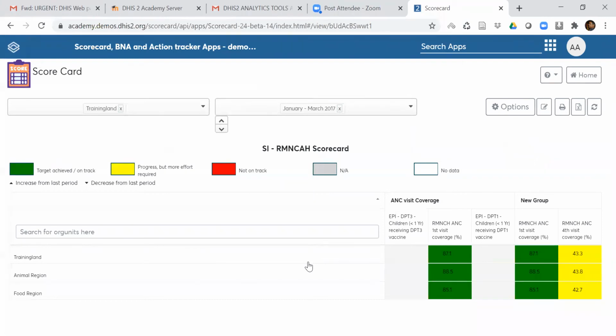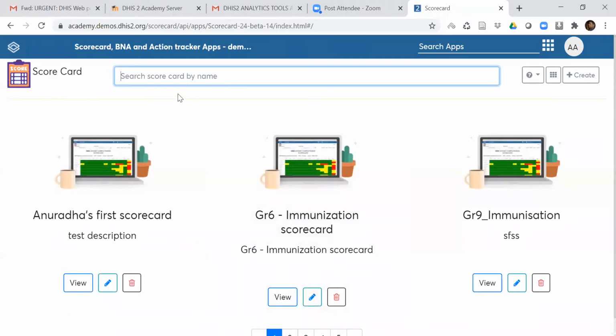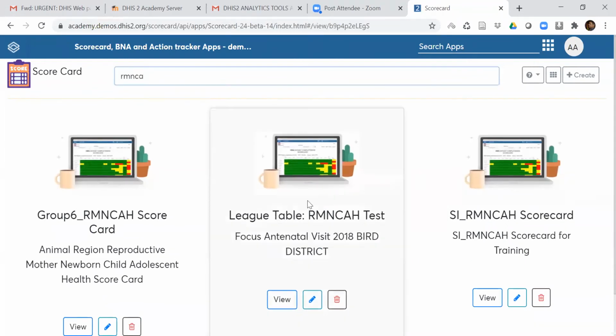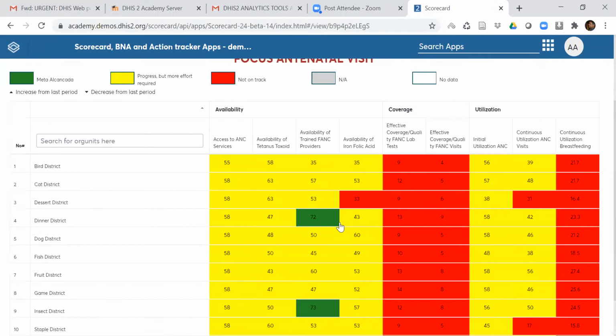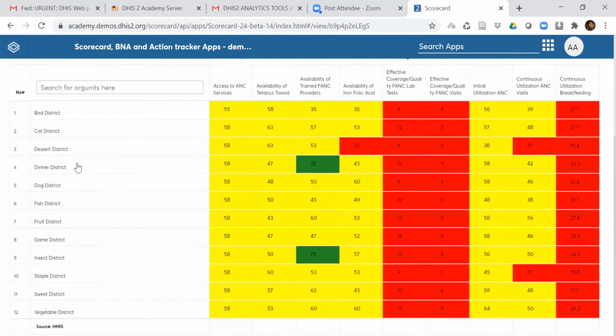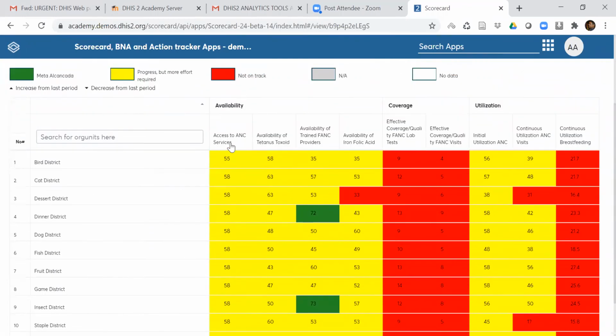There was one question our group posed yesterday on Slack. Of course, yes. Let me open a bit more complex scorecard for that. RMNCA league table, that should be fine. Now I have some org units in my rows and indicators in my columns. So what you need to do is to change columns and rows, isn't it? Are you with me?